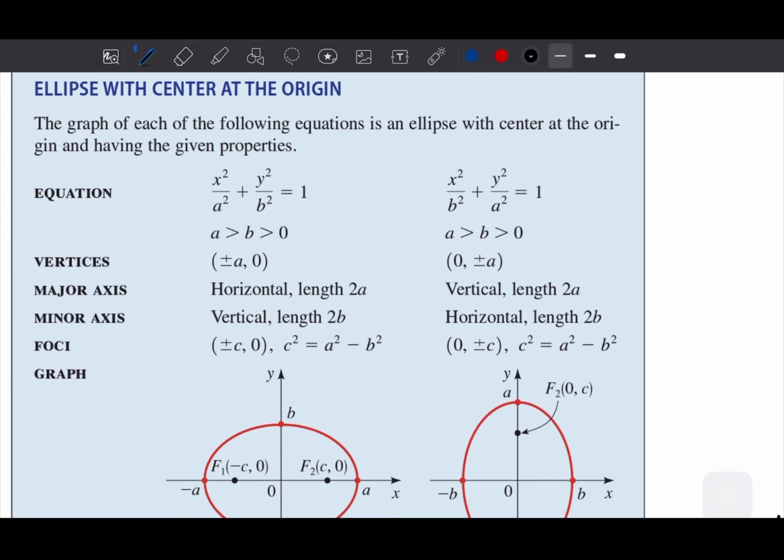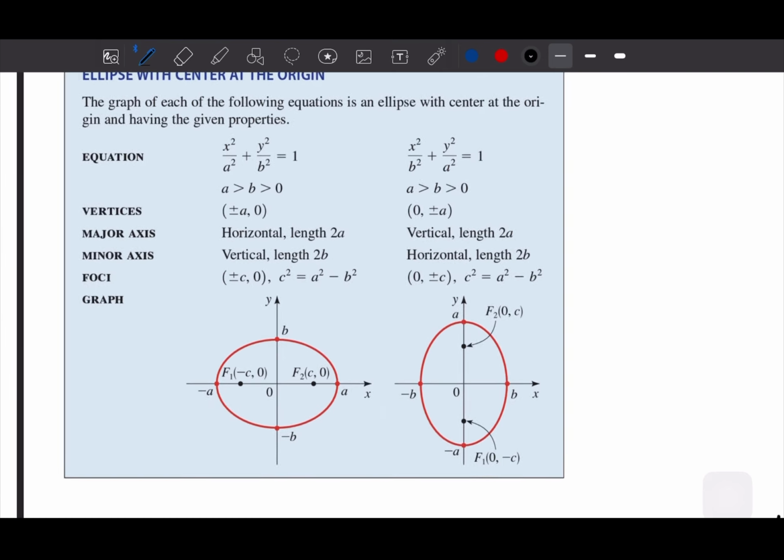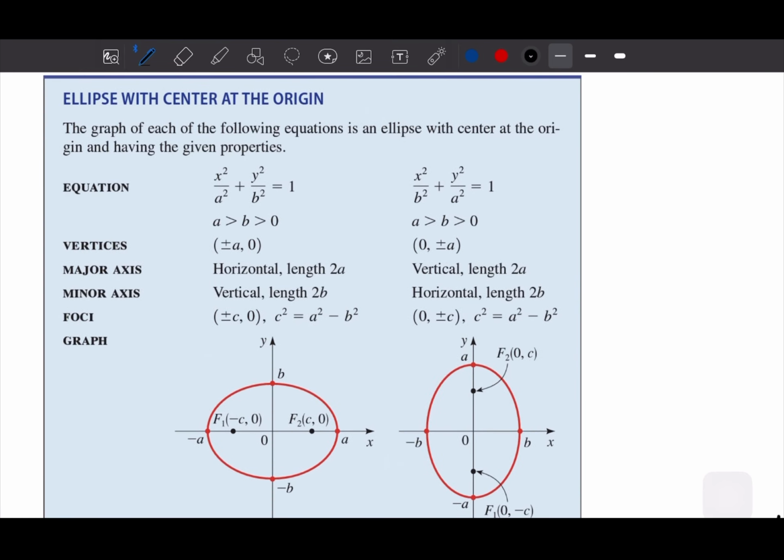So if this is a, then b will be the minor. And if this is a here, b is also the minor here.